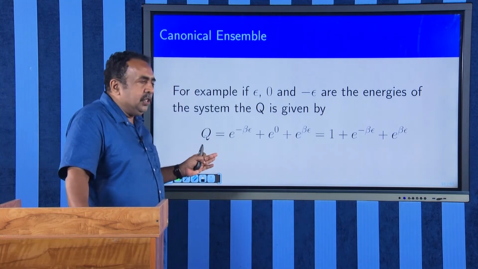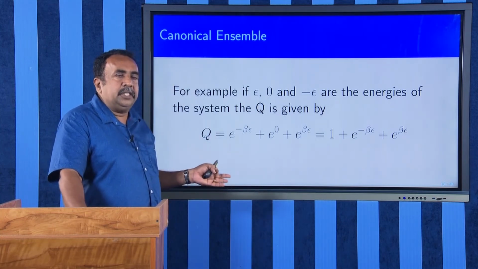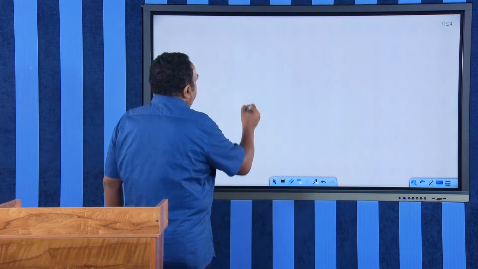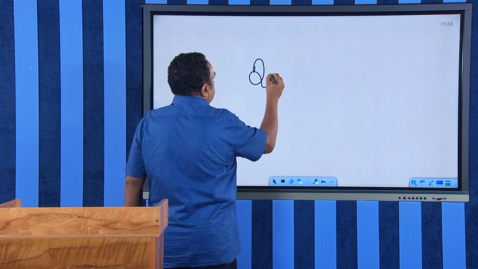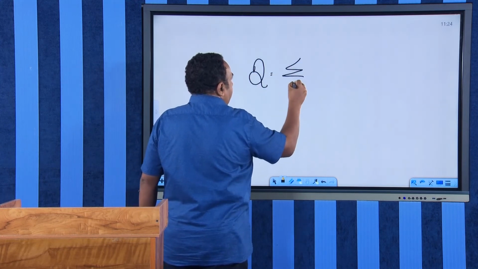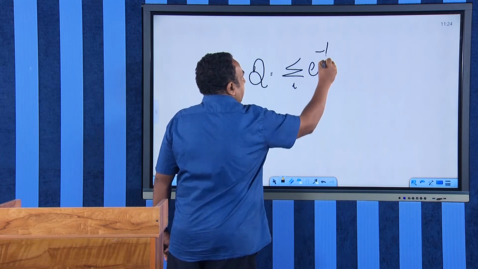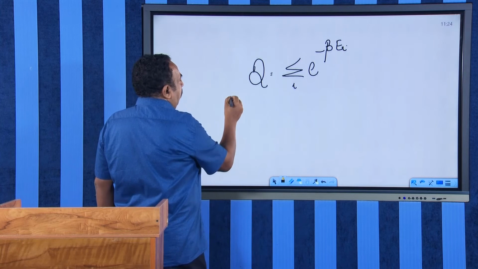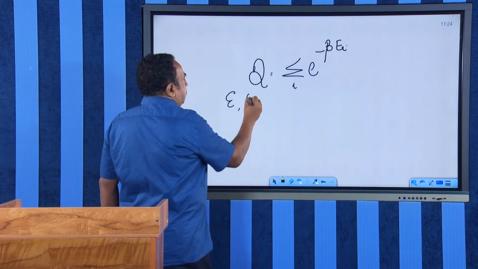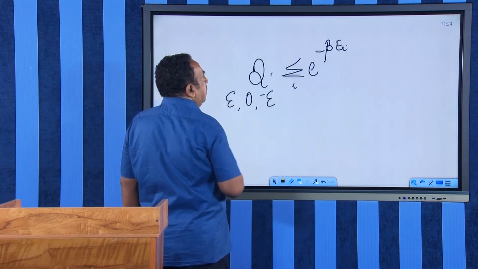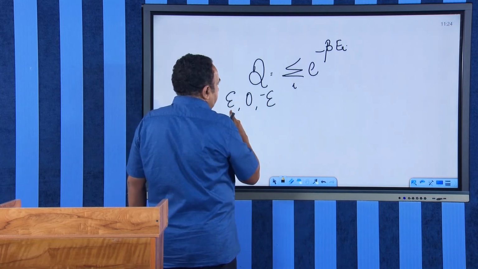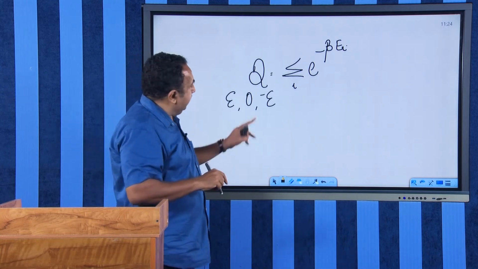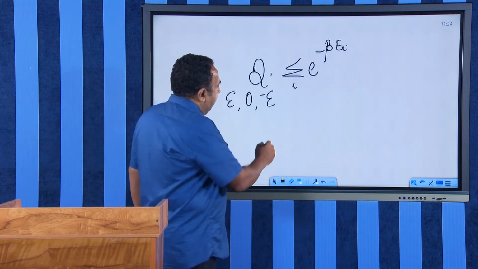Therefore, Q is sum over i, meaning all the available states, sum over i of e raised to minus beta E_i. Now, your E_i is given to be epsilon, 0 and minus epsilon. Therefore, your first state is represented by energy epsilon, the second state by energy 0, and the third state by energy minus epsilon.